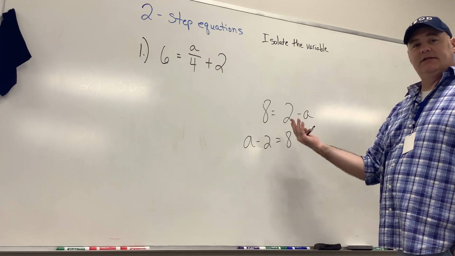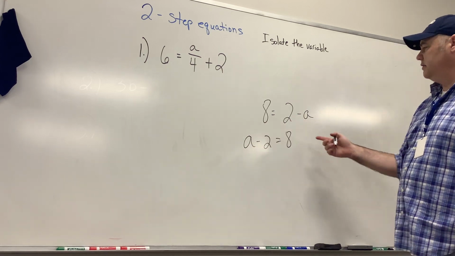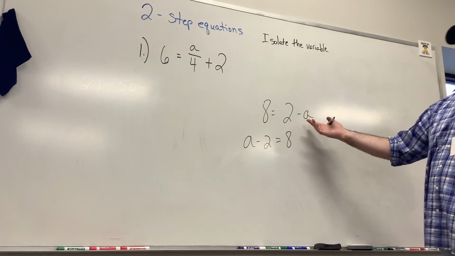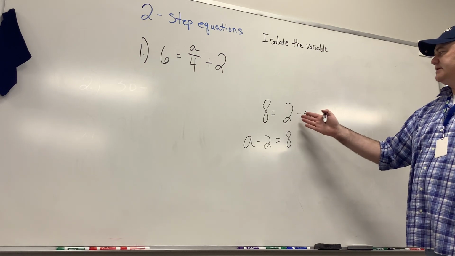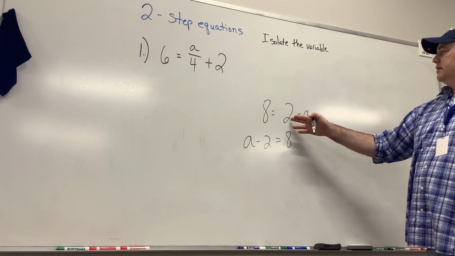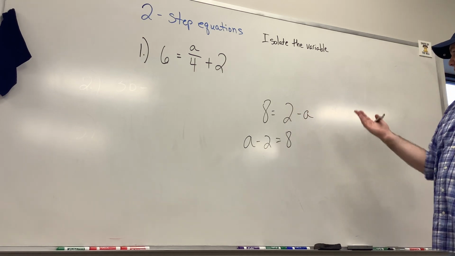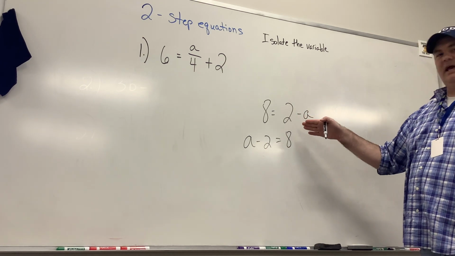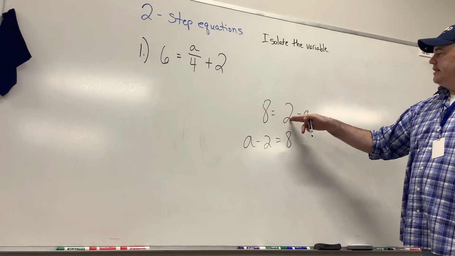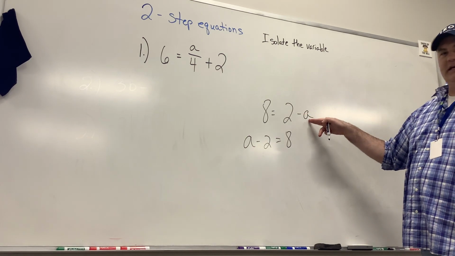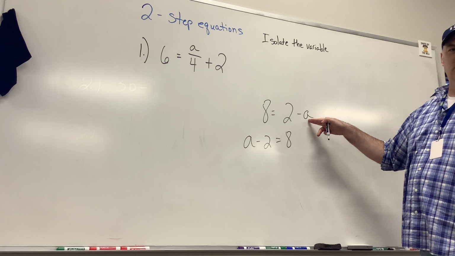You're switching places. You say, well, why is it a big deal? Well, let's make it a bigger number. Let's say a is 6. In this case, you got 2 minus 6, which is negative 4.